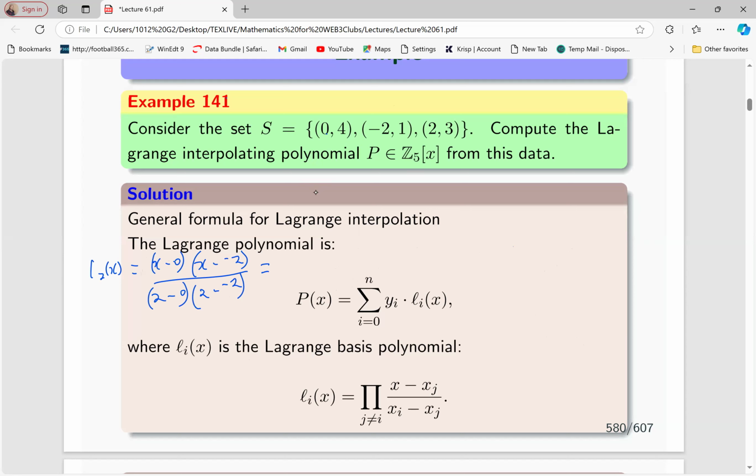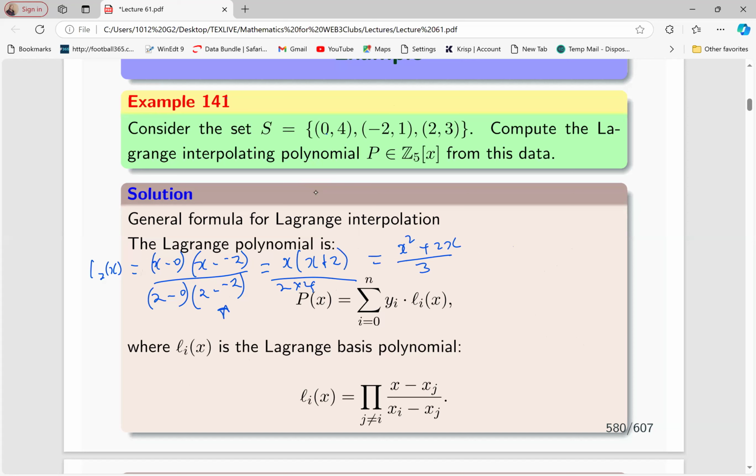So the numerator becomes x into x plus 2, and the denominator becomes 2 into, of course, this bracket, you're getting 4. So this gives us x squared plus 2x out of 3, because 8 mod 5 is 3.